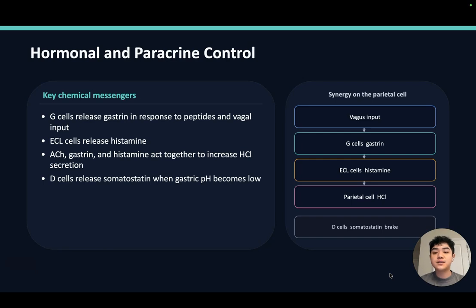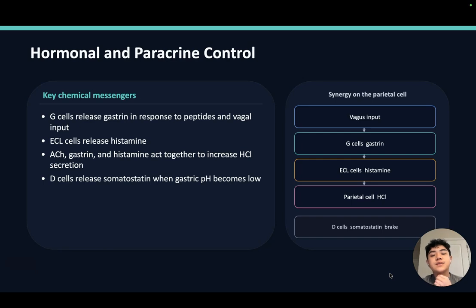Parietal cells respond best when three signals are present together: the acetylcholine from nerves, the gastrin from G cells, and the histamine from ECL cells. When these messages arrive together, acid secretion increases much more than with any single signal alone.